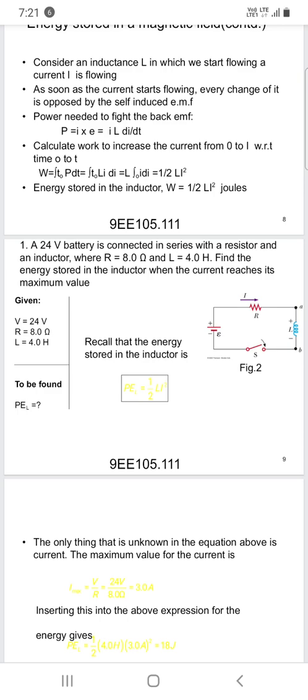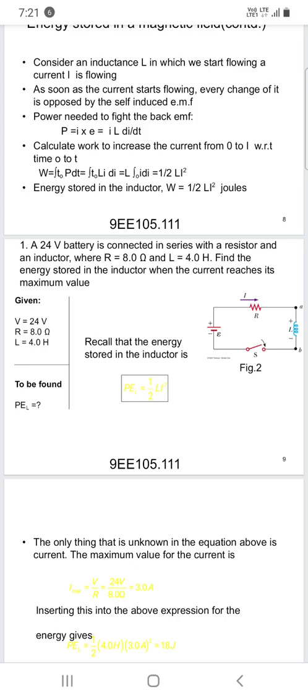This EMF opposes the flow of electric current. That is called the property of inductance.